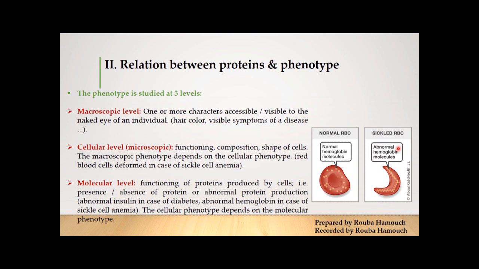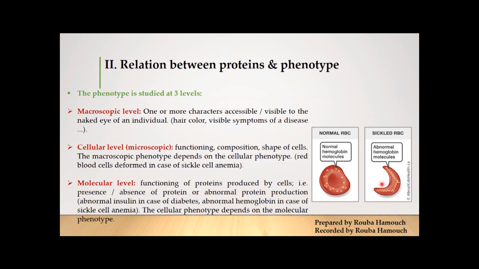For example, in this document, we have normal shape of red blood cells, which is a spherical shape for a normal individual, whereas in this figure, we have a deformed, elongated, sickled form of red blood cells in the case of a disease called sickle cell anemia that will be discussed later in the next slides. So, the cellular level in the case of sickle cell anemia is the abnormal elongated form of the red blood cell.